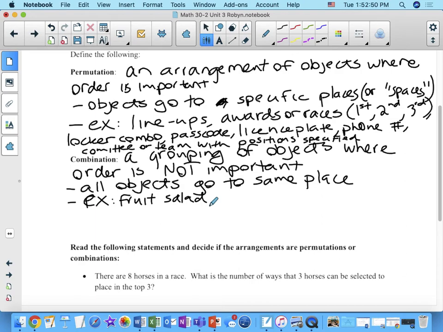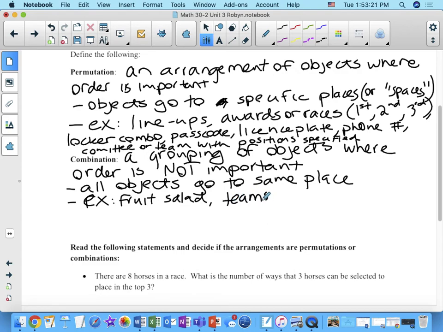What are some other examples of combinations? Yes.